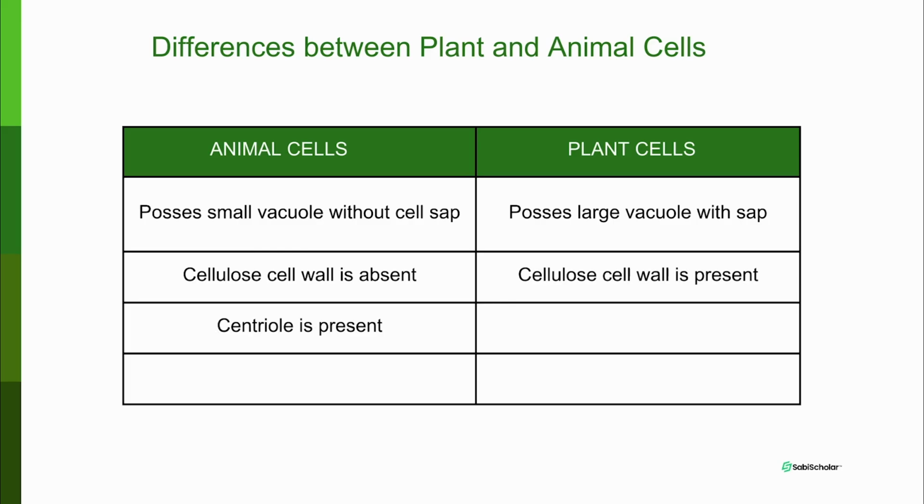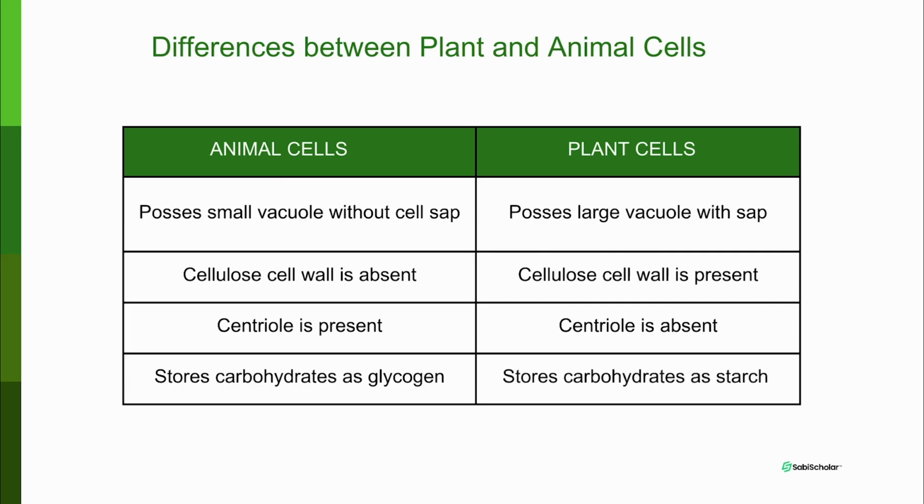Now, animal cells appear irregular in shape and have centrioles present, while plant cells are definite in shape and their centrioles are absent. Now, animal cells also store carbohydrates as glycogen and store lipids as fats, while plant cells store carbohydrates as starch and lipids as oils.